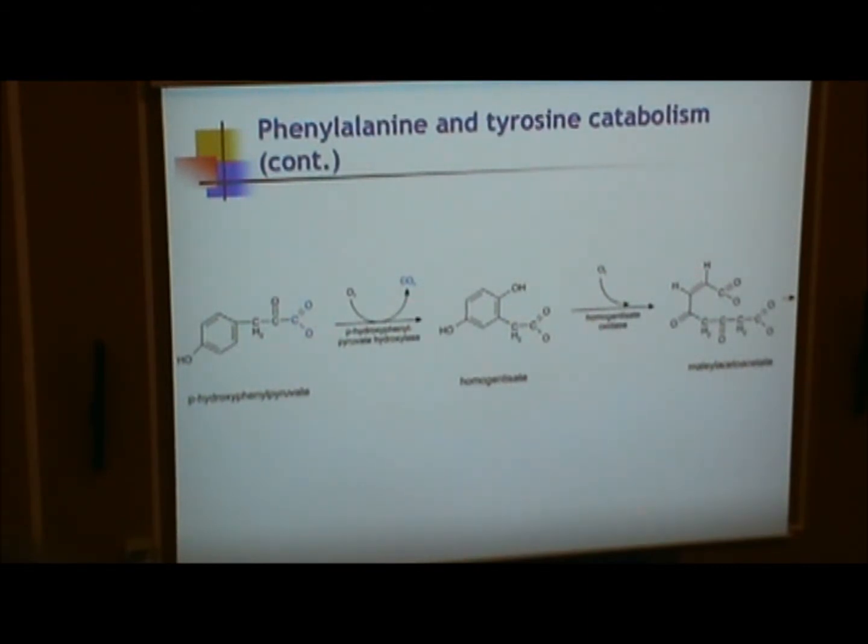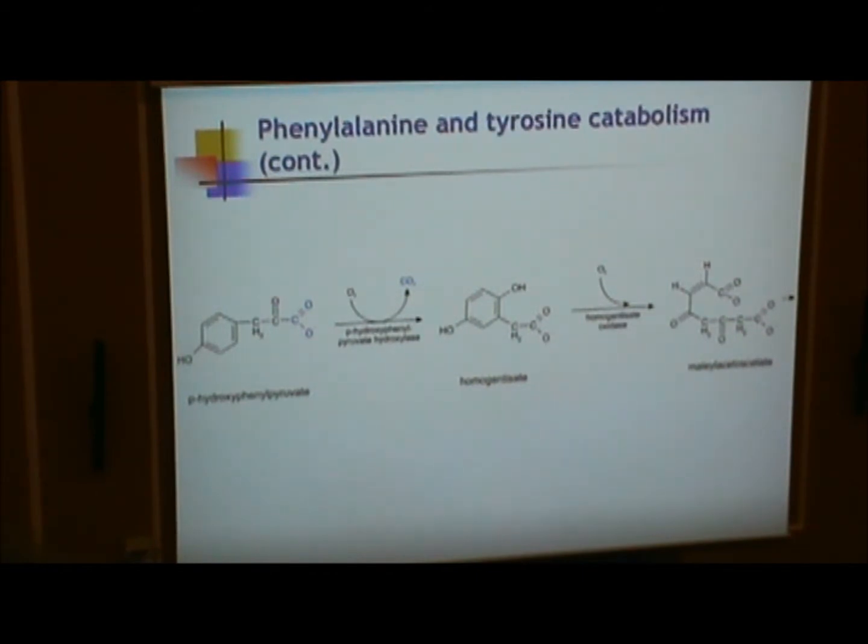This double bond is cleaved and two oxygen atoms are incorporated. The homogentisate is converted into maleylacetoacetate.